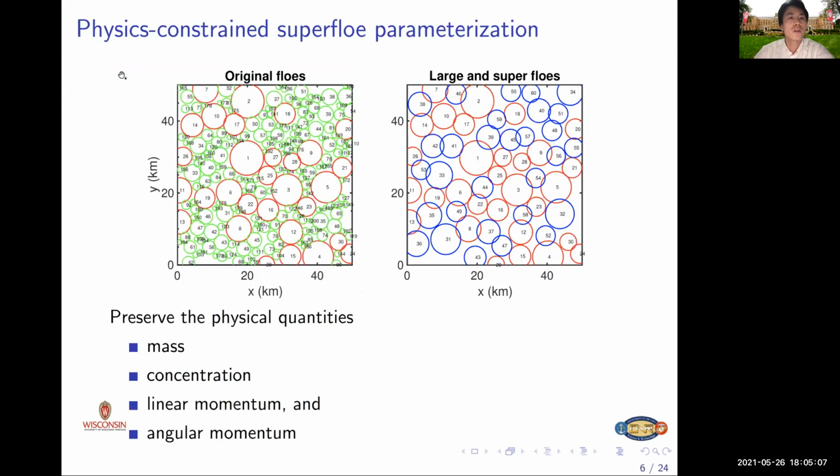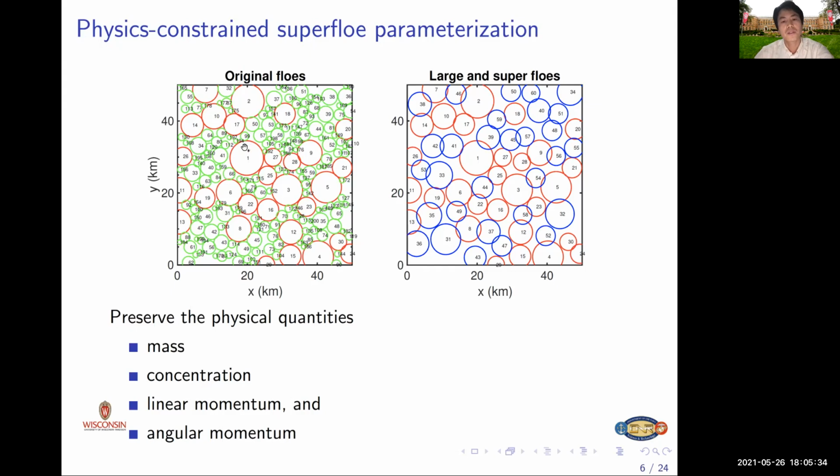Our goal here is to look into data assimilation with superfloe parameterization. We consider a certain region with floes in it. Say there are 200 floes, with 30 large floes in red.